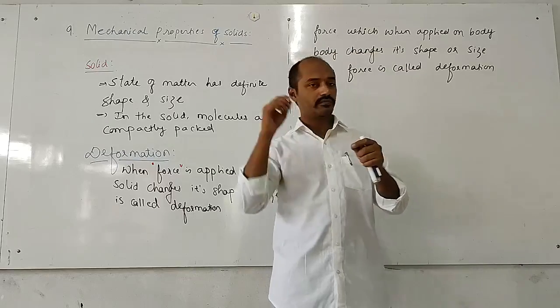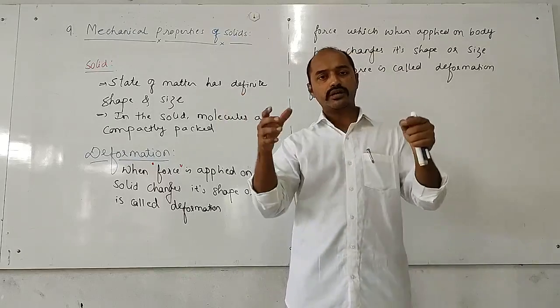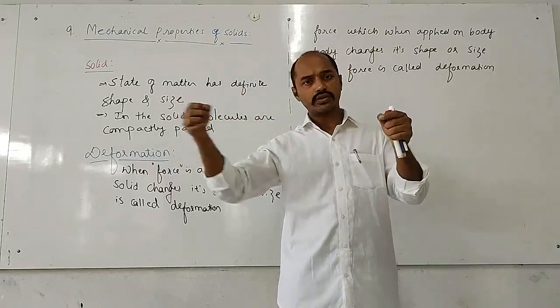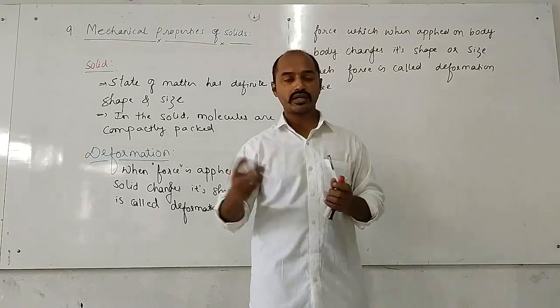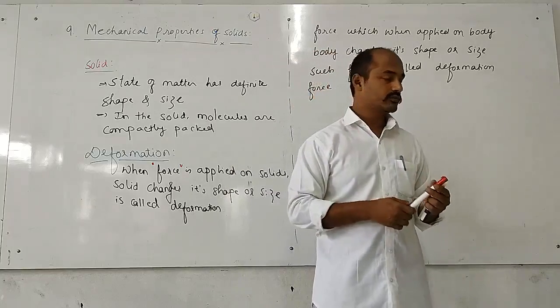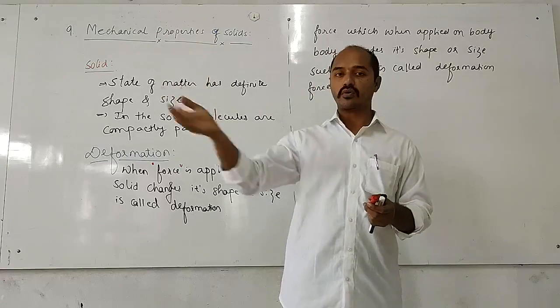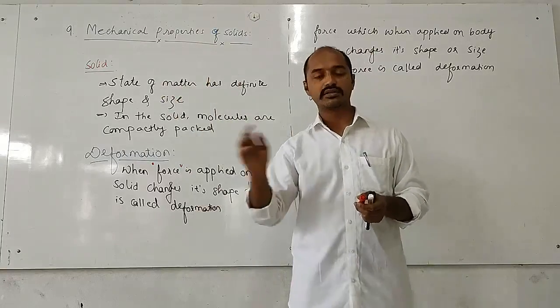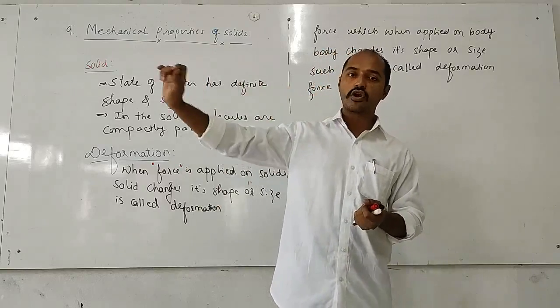ರಬ್ಬರ್ ತಗೊಂಡ್ರೆ ಜಗ್ಗಿ ಬಿಡೋಣ. ಜಗ್ಗಿ ಬಿಟ್ರೆ ಹಿಂಗೆ ಇಷ್ಟು ಜಗ್ಗಿ ಬಿಟ್ರೆ ಮತ್ತೆ ಅಲ್ಲೇ ಬರ್ತದೆ, ಹೌದಾ? ಇದೊಂದು ಪ್ರಾಪರ್ಟಿ ಅದ. ಚಿಂಗಮ್ ತೊಗೊಂಡು ಜಗ್ಗಿ ಬಿಟ್ರೆ ಮತ್ತೆ ಬರಲ್ಲ. So chewing gum is also deforming.